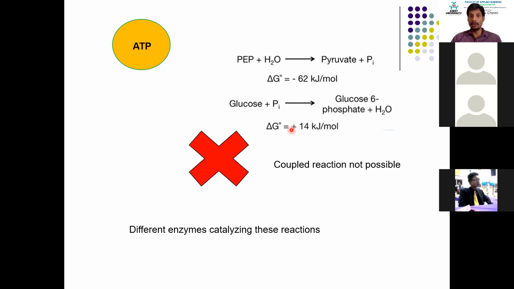What we learned is that during this reaction ATP is utilized and converted to ADP, and that is the energy it is using. But instead, can the reaction take the energy from PEP to pyruvate, where 62 is released, to form glucose 6 phosphate instead of ADP to ATP? Definitely no. This is not a coupled reaction. The reason is that different enzymes catalyze these reactions. That is the main reason.